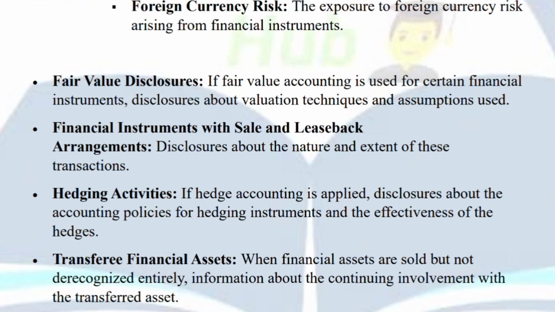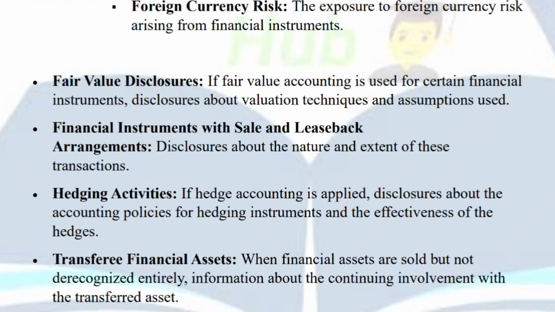So the company has to disclose this fair value and its fair value techniques in its reporting, because it also helps the stakeholders to get clarity about the fair value of the company's financial instruments.